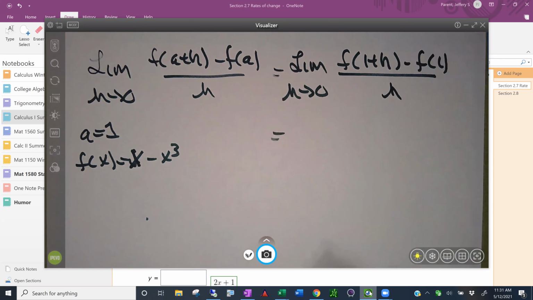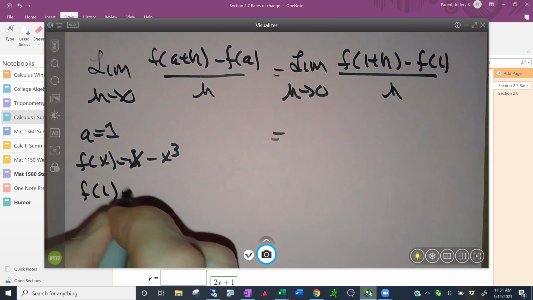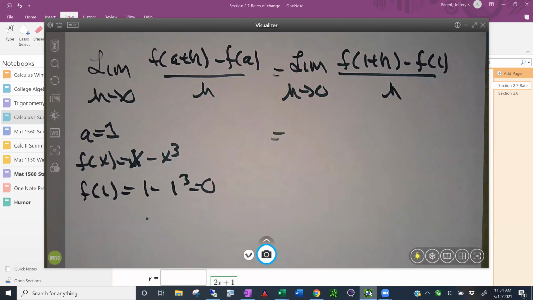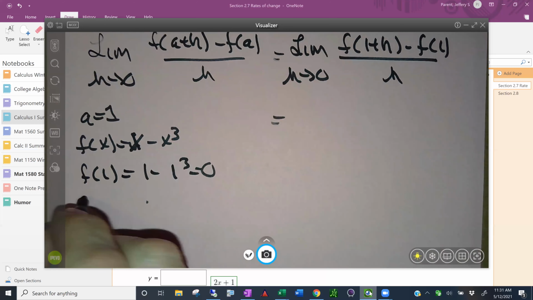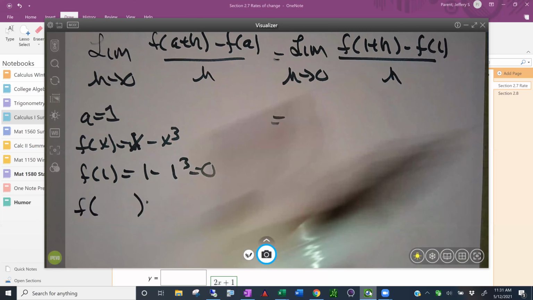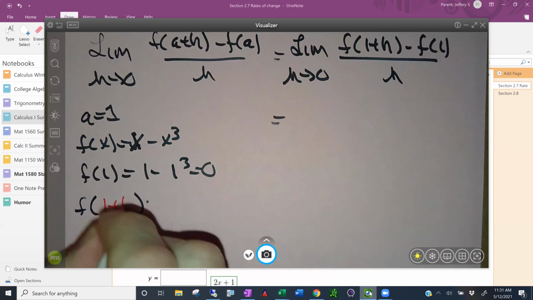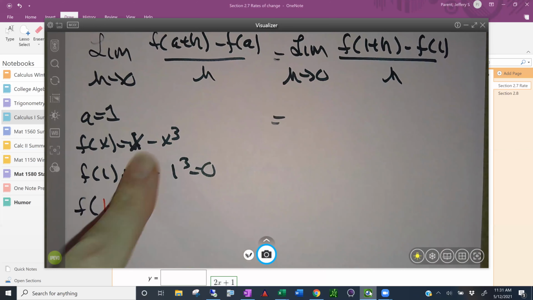Now, how does this translate in terms of our function? Well, f of 1 is 1 minus 1 cubed, that's 0. So we're okay there. How about f of 1 plus h? That's going to be a little bit more annoying. So 1 plus h goes in here.